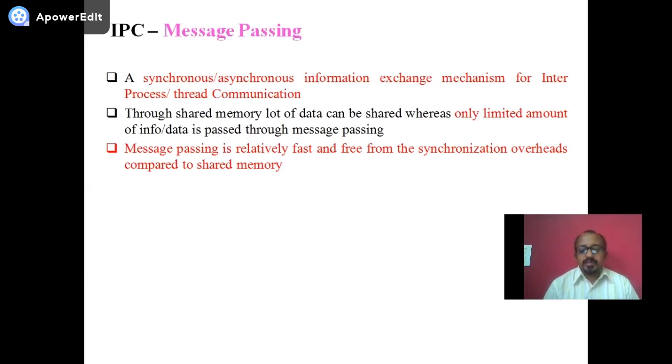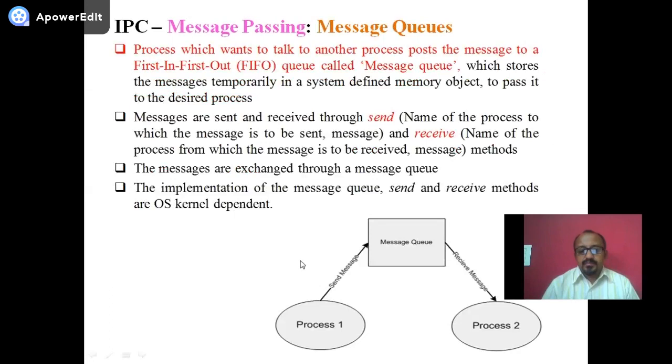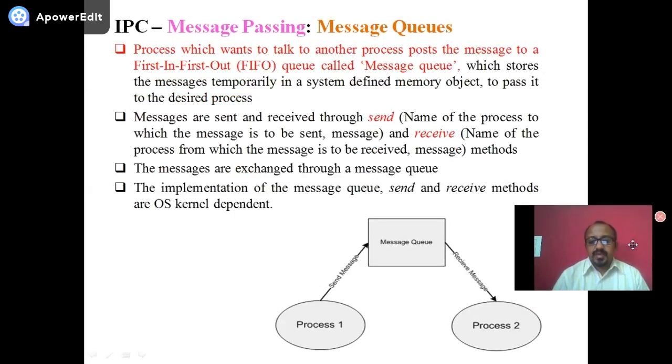There are a few techniques here. One technique is the message queue. The message queue is a structure that is also a kind of shared memory. Memory is used to create this structure, the message queue.